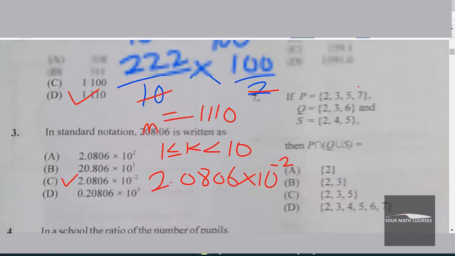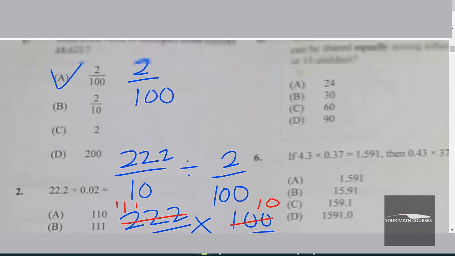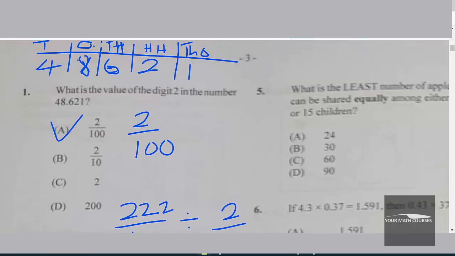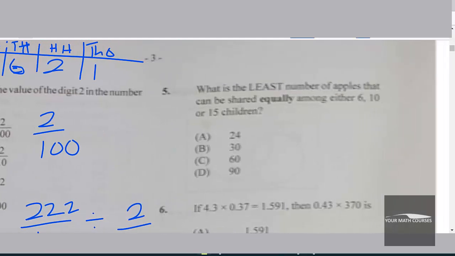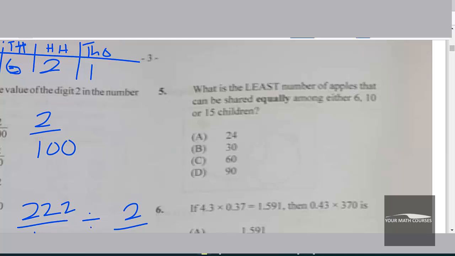Now let's look at number 5. What is the least number of apples that can be shared equally among either 6, 10, or 15 children?